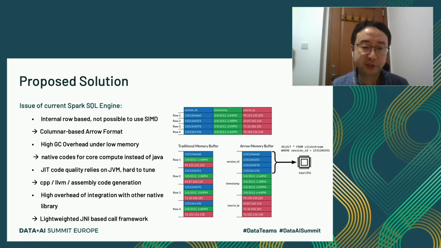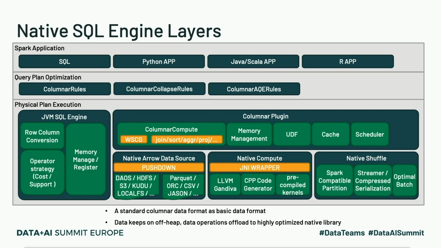This makes it much easier to check the code generation performance. The last bullet is we also introduced a lightweight Gandiva core framework, which allows the user to use different native libraries very easily.